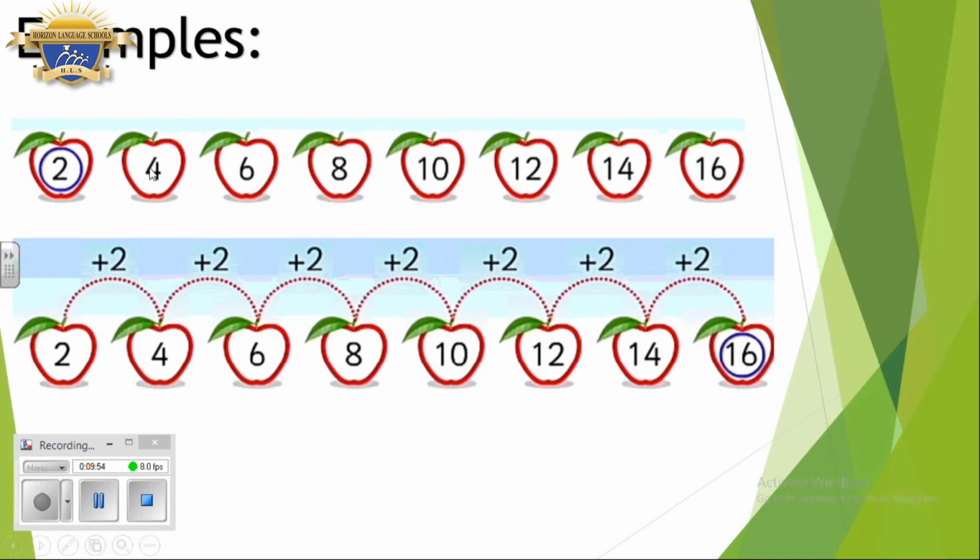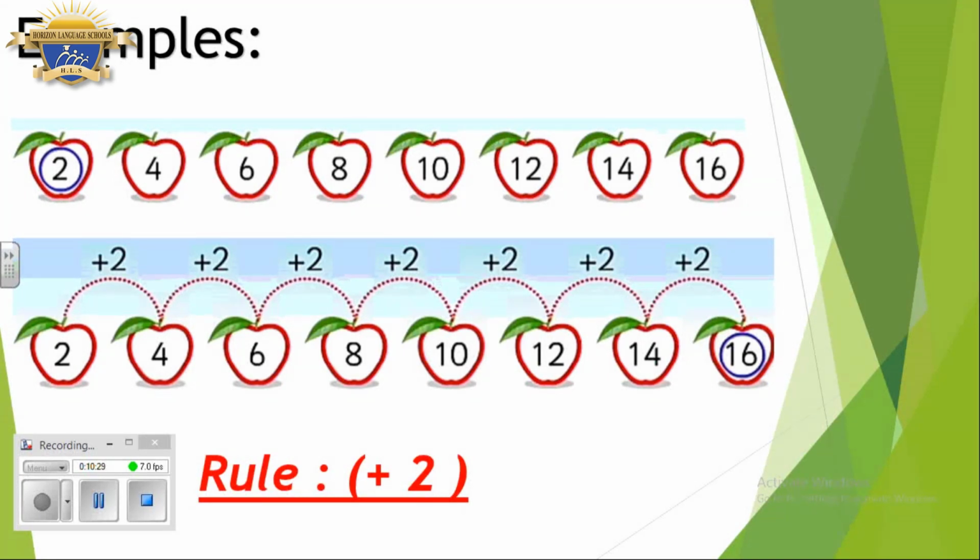When we add 2 to number 4, it becomes 6, and 6 plus 2 becomes 8. 8 plus 2 becomes 10. So we add 2 each time. So the rule for this pattern will be plus 2. Plus for adding and 2 for the number that we will add. So when I have an increasing pattern, I will put the sign plus.